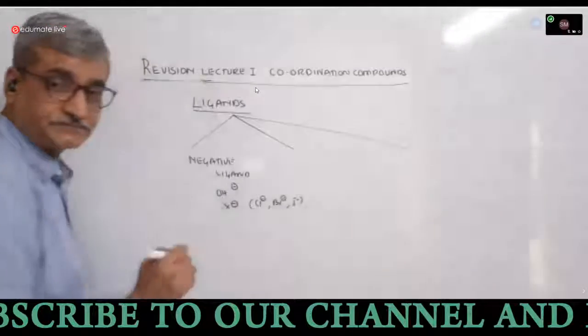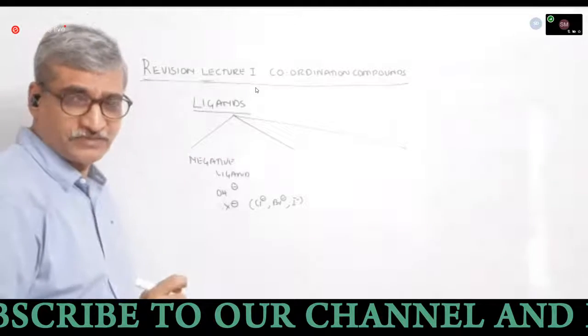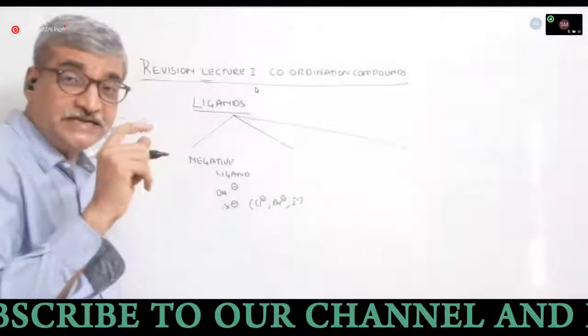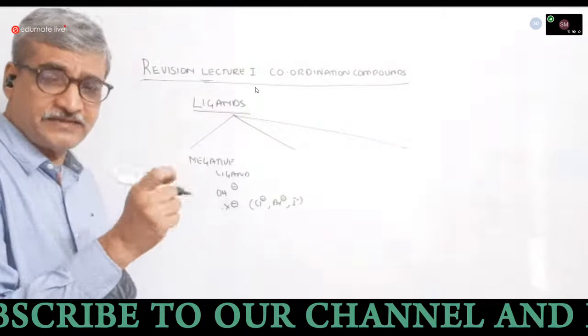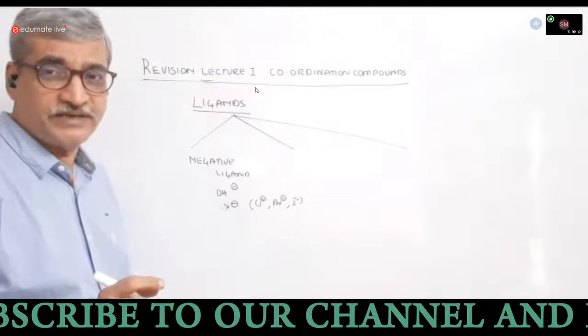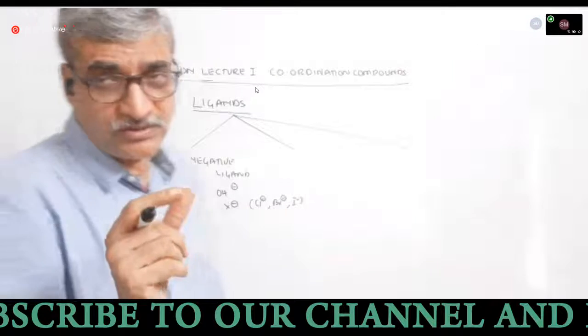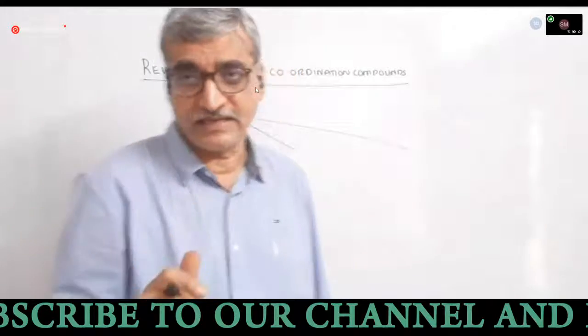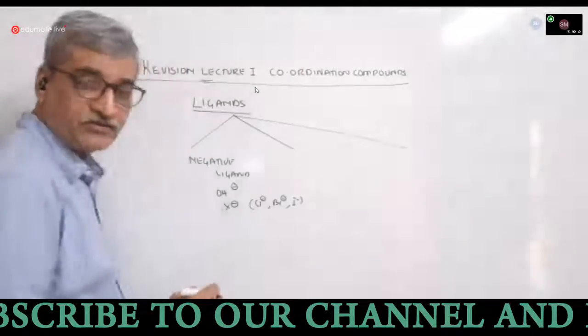Then you can have a very important one when you talk of negative ligands, which people don't understand because they will make a mistake here when calculating the charge on the coordination sphere. Because what is the charge on the coordination sphere? Charge of the central metal atom or ion plus the charge on the ligands. That is dimethyl glyoximate.